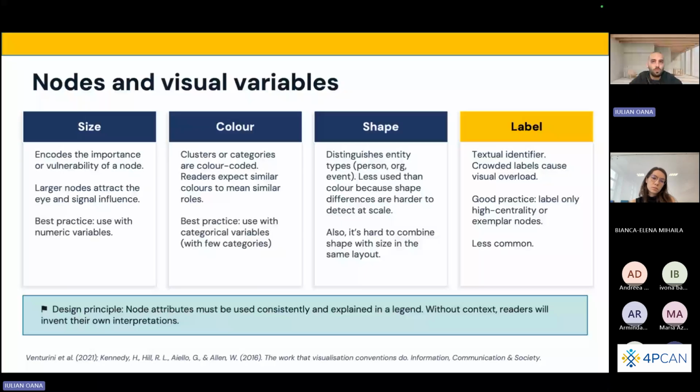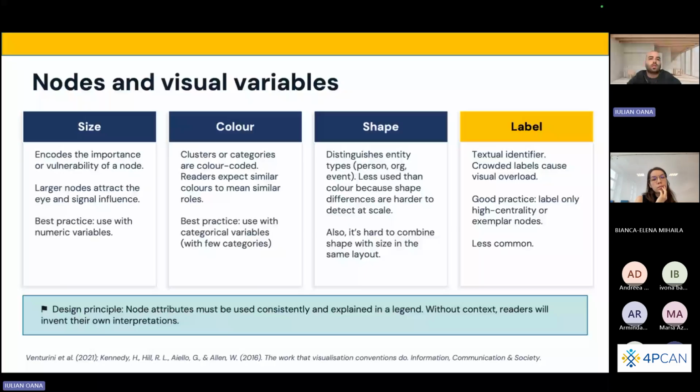Or we can choose, and this is usually used, a centrality metric, like degree centrality. I'm telling the computer, please highlight the nodes with the most connections, if I'm talking about degree centrality.